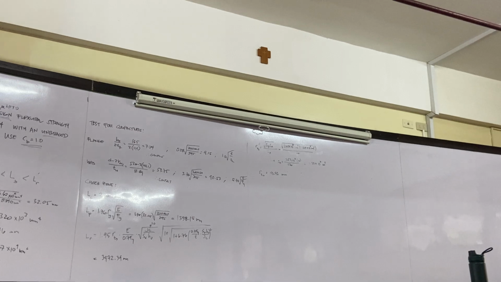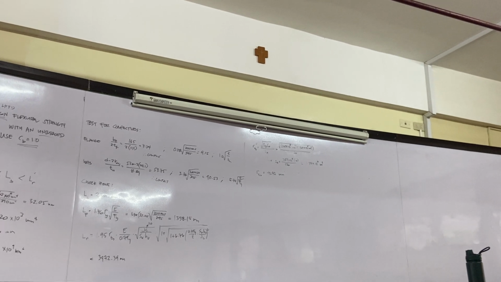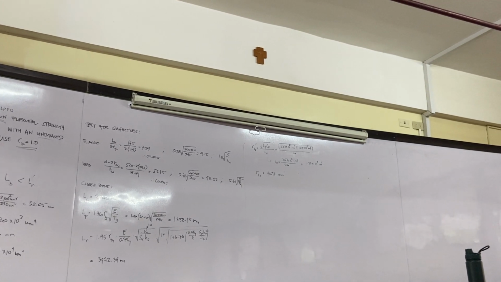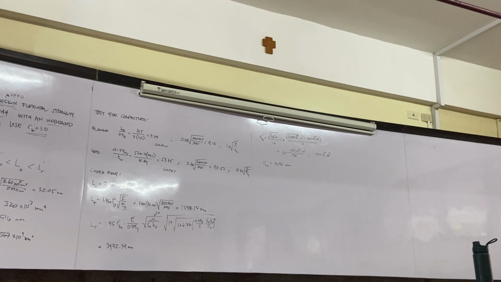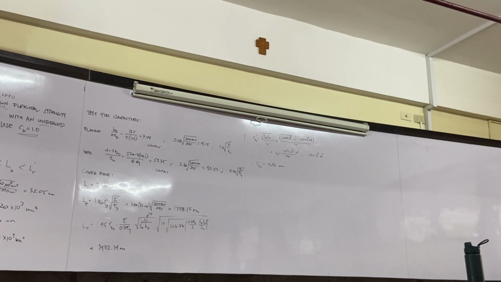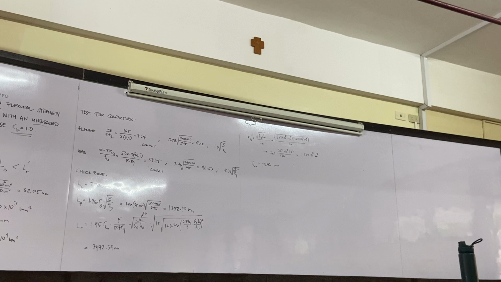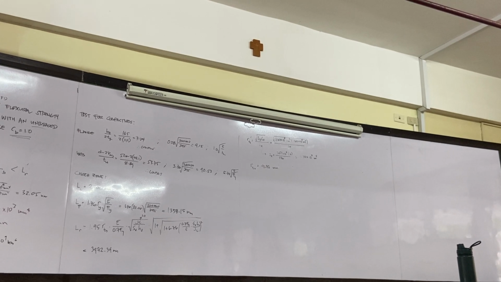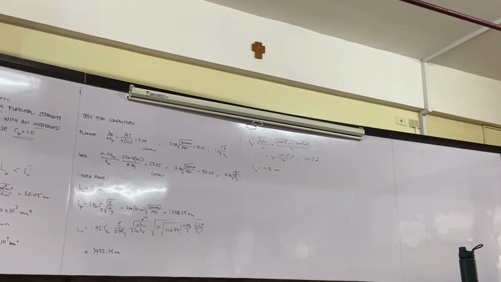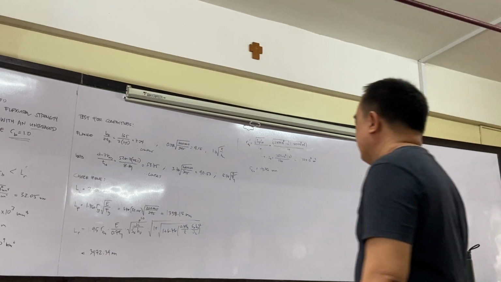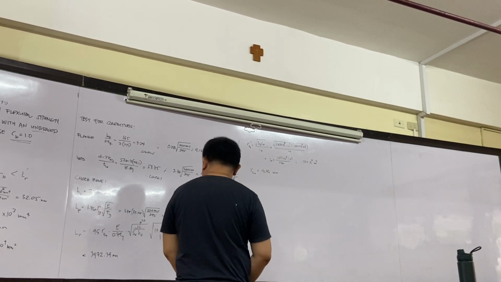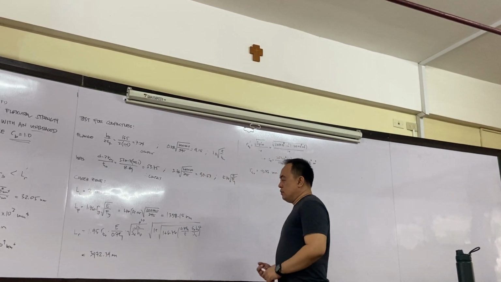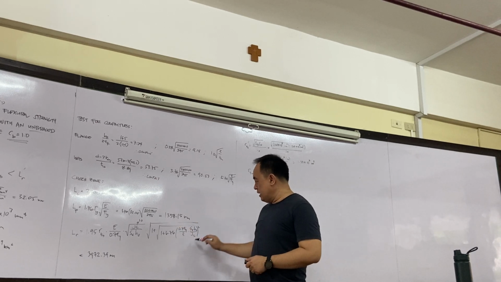Ito sunod, square root. Ito lang J. ABC, XY, times 1. Tama na F, 1.33 times 10. So 500.